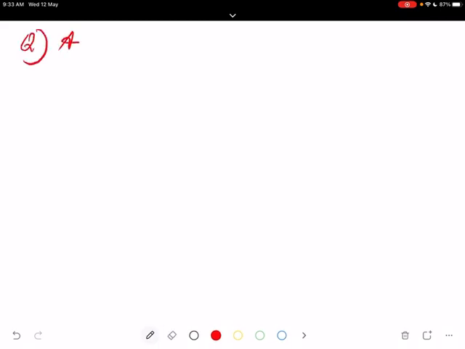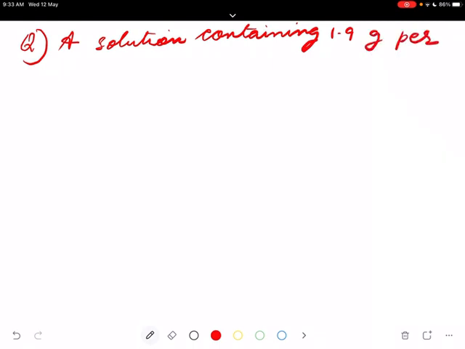A solution containing 1.9 gram per 100 ml of KCl. KCl molar mass is given, that is 74.5 grams per mole.